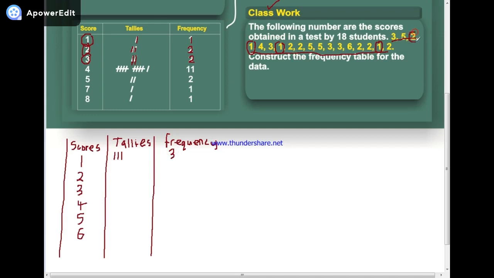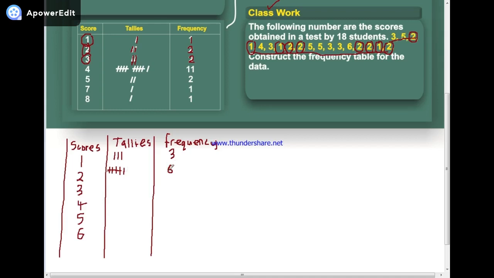You count it one by one: 1, 2, 3, 4, 5, and 6. So that means we have six 2s. So you now draw six strokes: 1, 2, 3, 4, and the 5 we cancel with a stroke, then 6. You interpret it as 6.